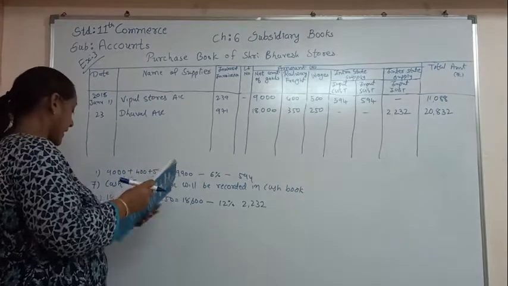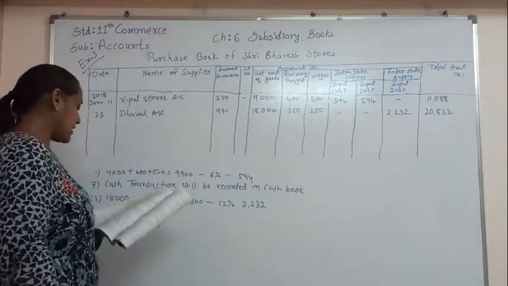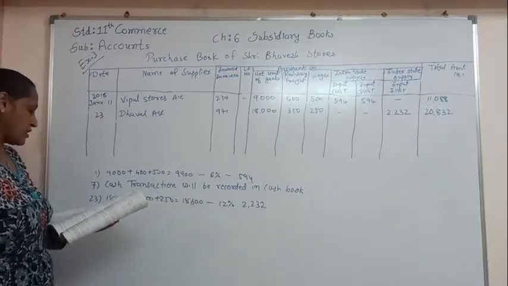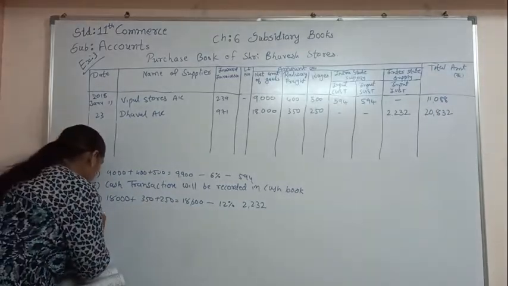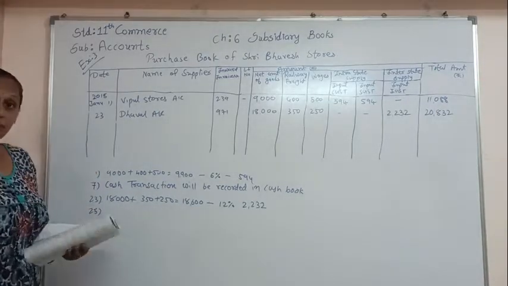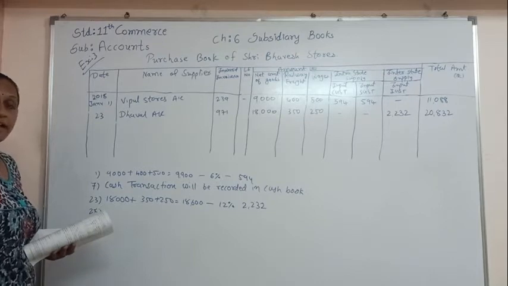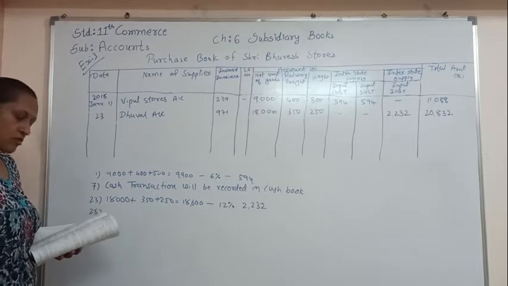Now let's see the next transaction. A machine of rupees 12,000 is purchased on credit. So machine purchase on credit will be recorded in the journal proper, as it is a credit purchase of an asset.